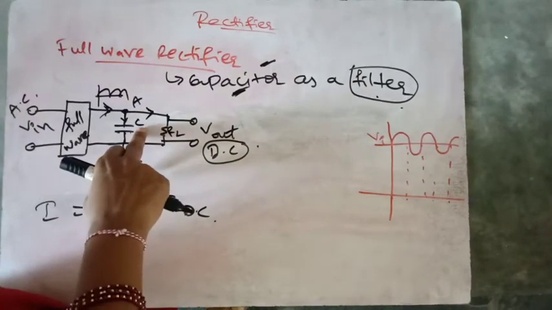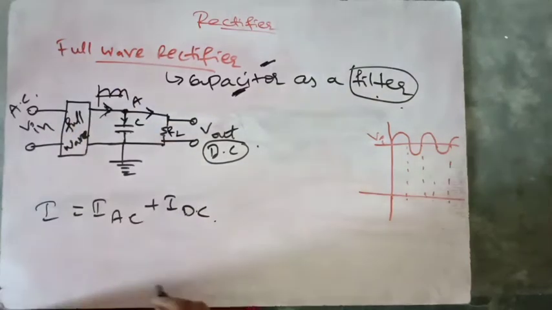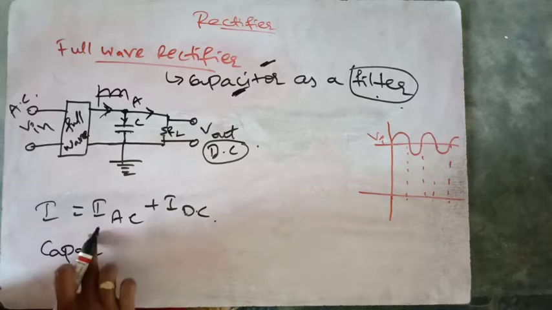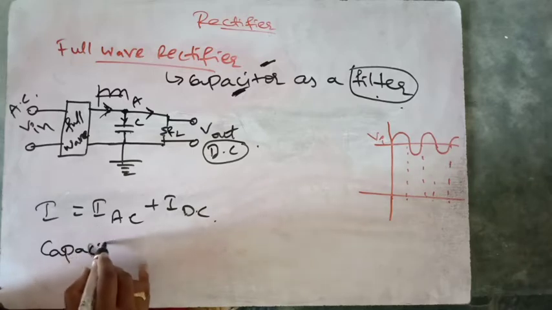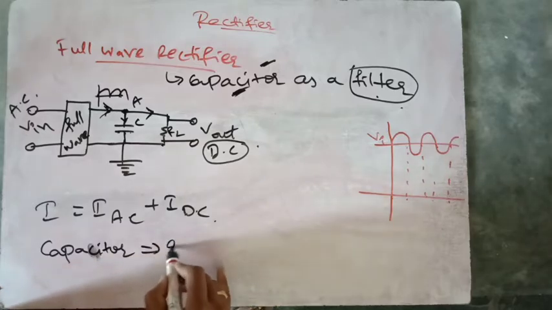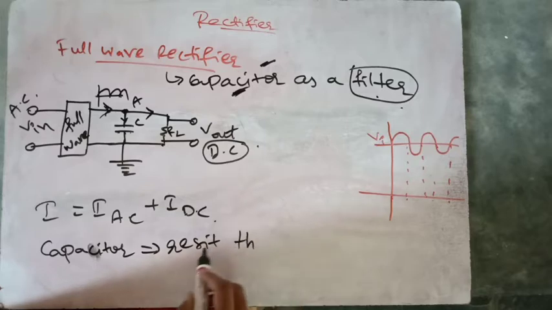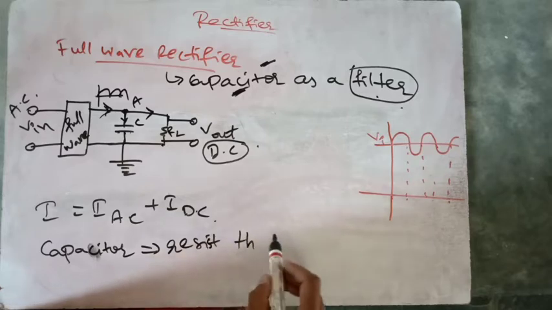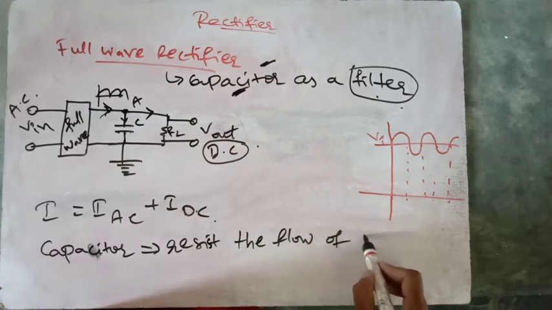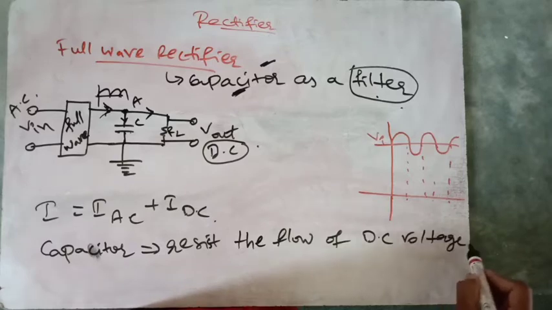The capacitor always blocks or resists the flow of DC voltage or DC current.